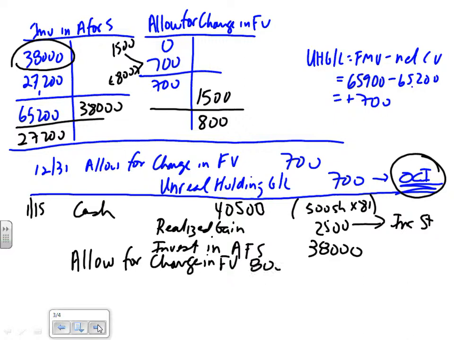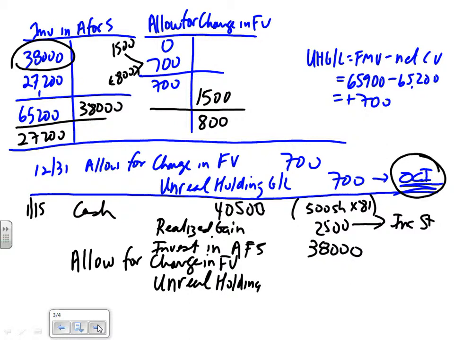I'm going to debit that for $800 and recognize an unrealized holding, I'm sorry, for $1,500. Oops, sorry about that. $1,500 and unrealized holding gain and loss, $1,500. And right, what that does is it negates the $1,500 of unrealized holding gain that we had previously recognized on the Carroll shares.